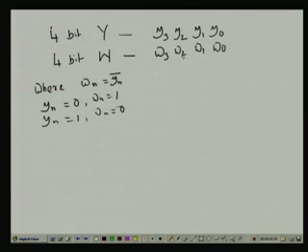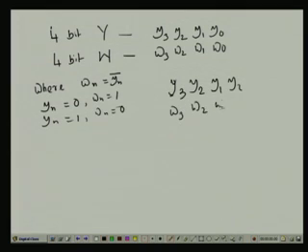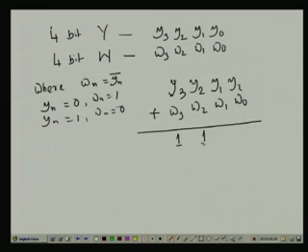Now, if I take the addition of these two, y3, y2, y1, y0 and then w3, w2, w1, w0, as they are complemented, I will always get all 1, because 0 plus 1 is 1.